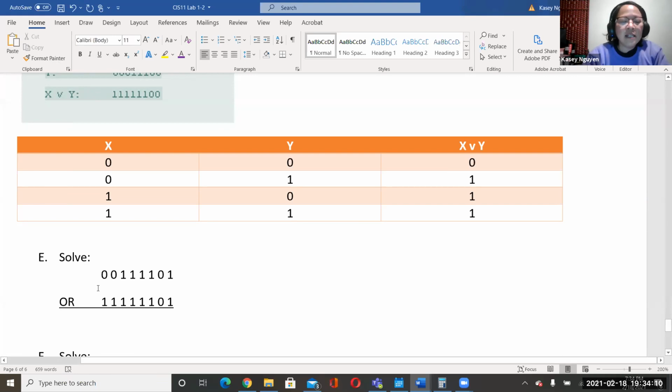Okay, so anytime that you have a 1 in the OR, you get a 1, right? 0 or 1 is 1, 1 or 1 is 1, 0 or 0 is 0, 1 or 1 is 1.